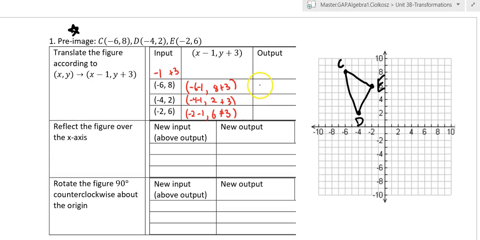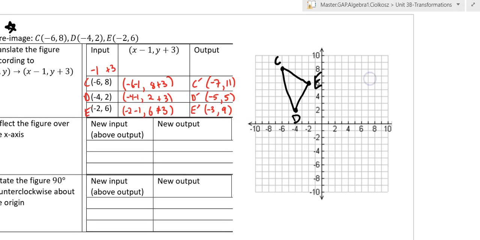So what that gives me, here's C, D, and E. My reds, C prime, notice it just got 1 prime, D prime, E prime: -7, 11, -5, 5, and -3, 9. So I'm going to go ahead and plot those points now.